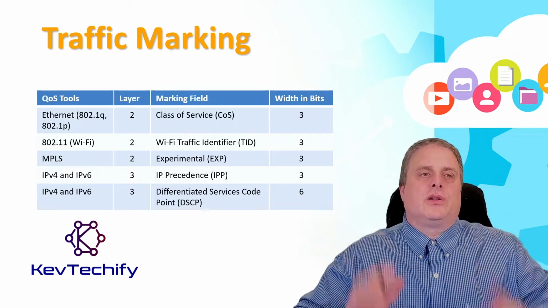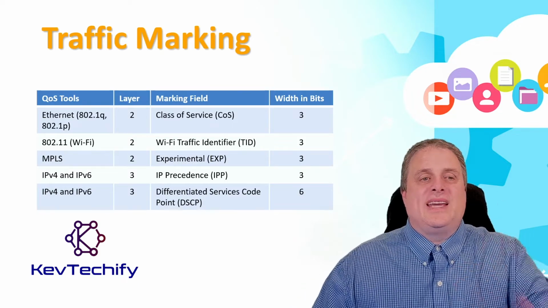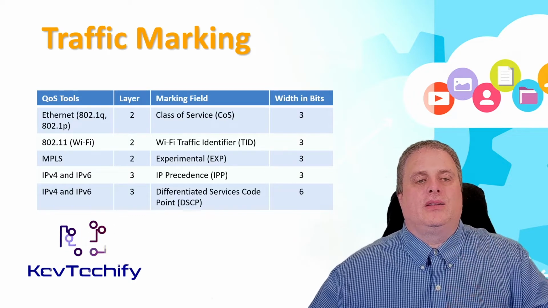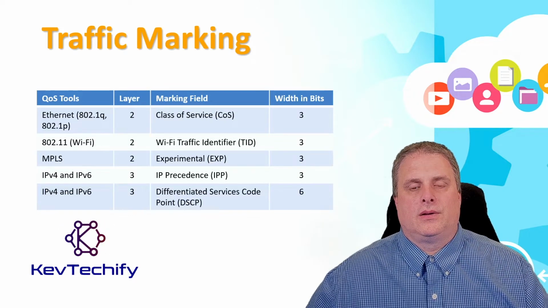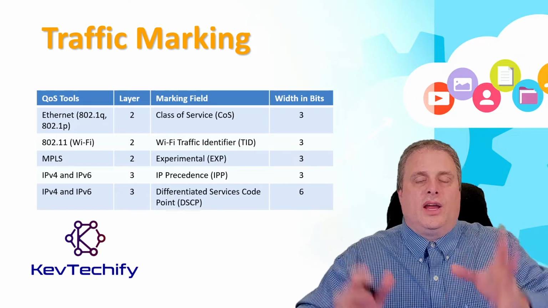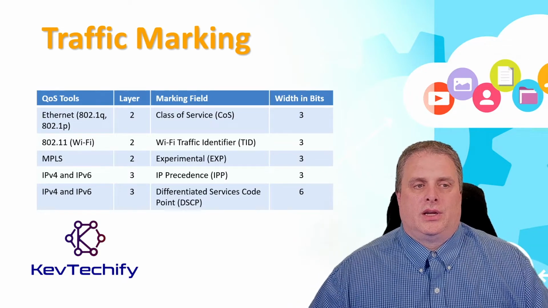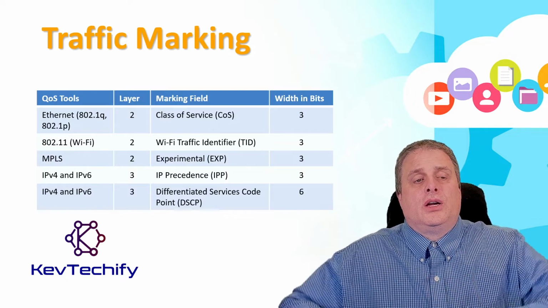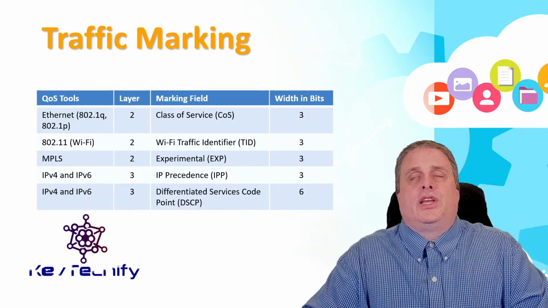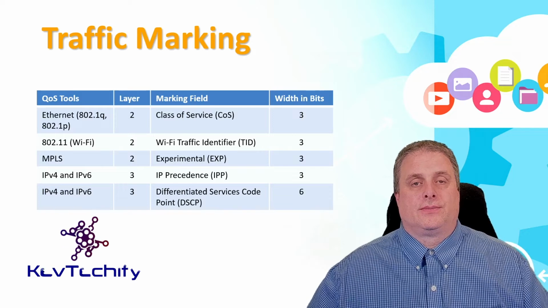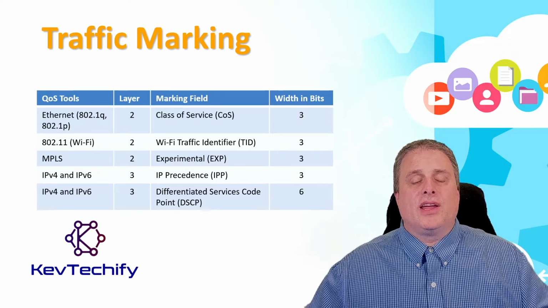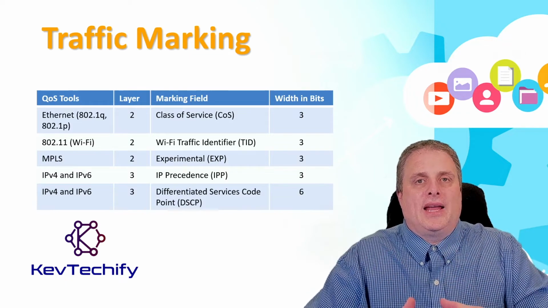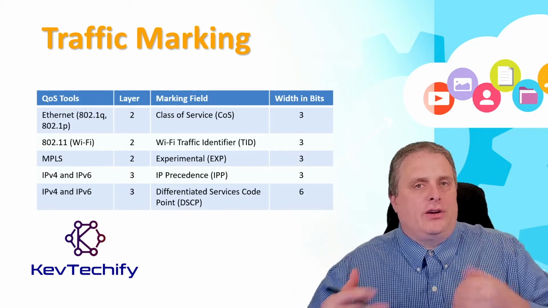If we look a little closer at traffic marking, we can see that marking happens at layer 2 and layer 3. At layer 2, we have our quality of service. This is dealing with Ethernet, with 802.1Q trunking and 802.1Q quality of service. Traffic marking at layer 2 is only available to the local LAN because you're using your layer 2 switches.